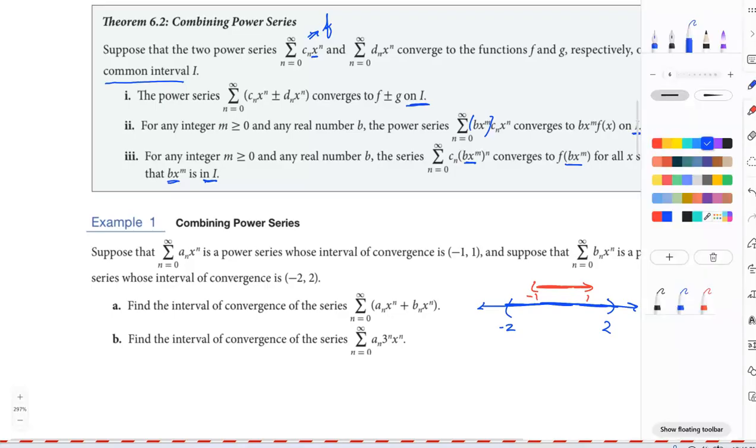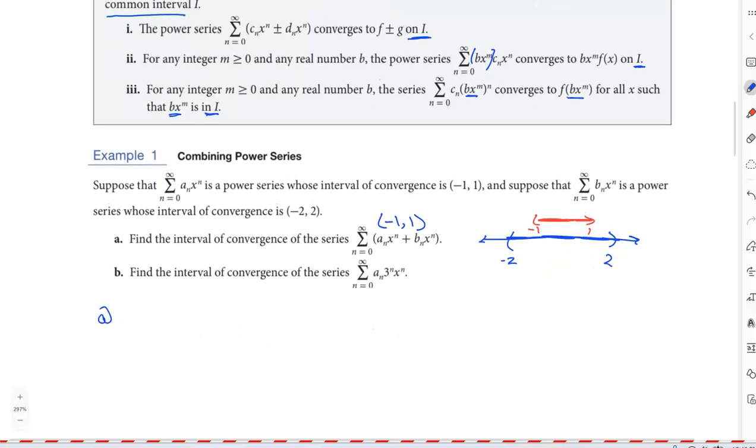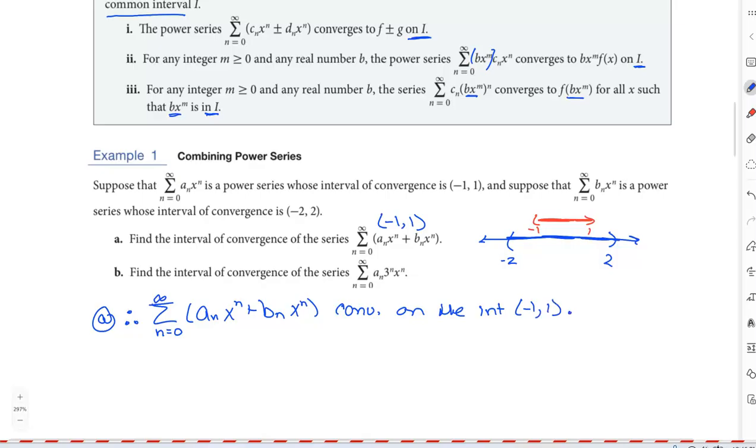So we would say that that sum has to converge in that common overlap, from negative 1 to 1. Therefore, the sum of those series converges on the interval from negative 1 to 1. And that's that common interval, what they have in common between negative 2 to 2 and negative 1 to 1.